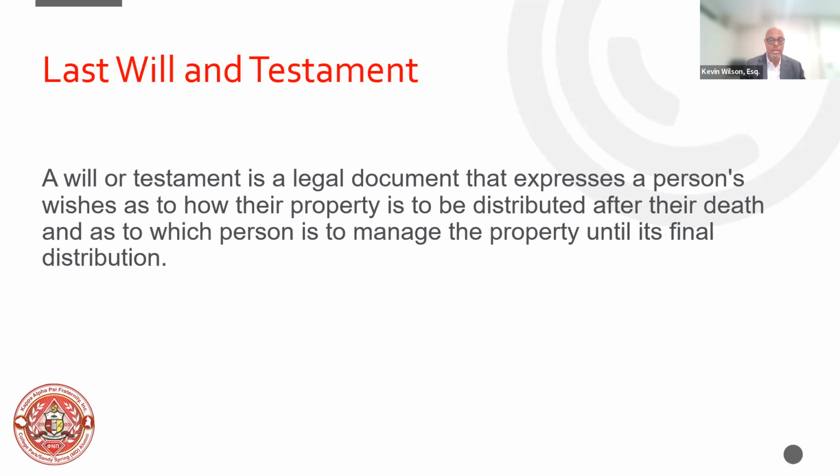Even if they don't make it into the trust, you fill out the DMV form, you designate who you want the beneficiary to be, and the form simply says that when I die, transfer ownership of this asset to X. We avoid probate, and we're still able to leave it outside the trust so we don't invite the uninvited, which is some litigious person that knows you have a trust and wants to go after everything that you have. So that's what we do with the will, and that's how the will comes into play with a trust.